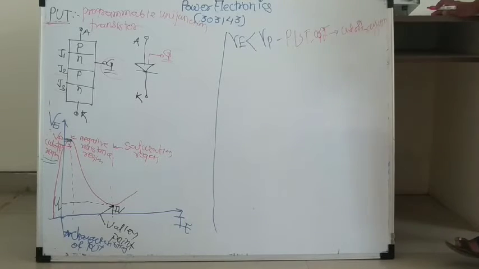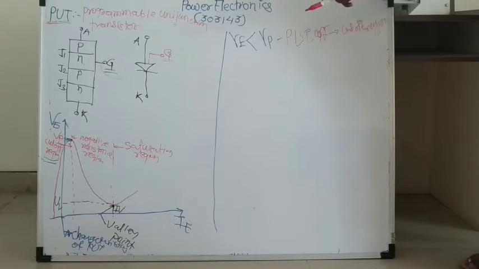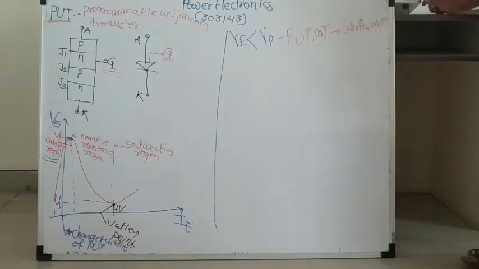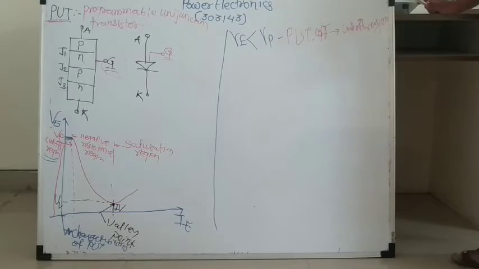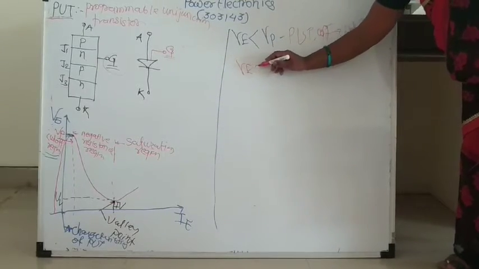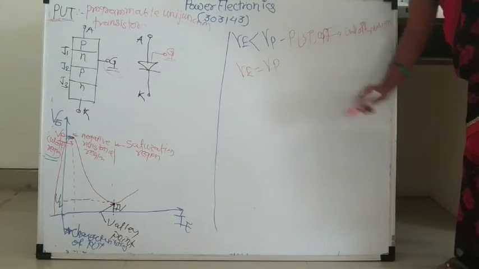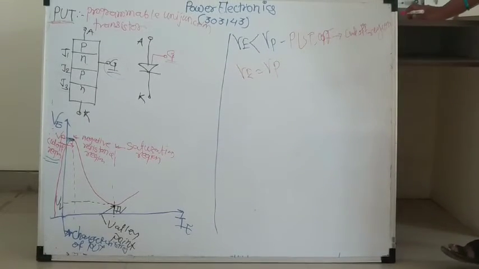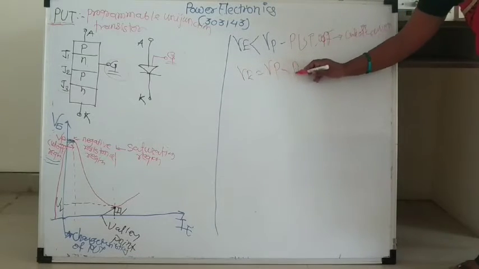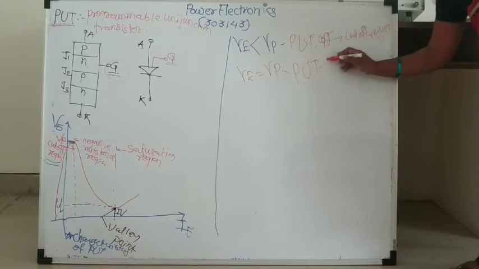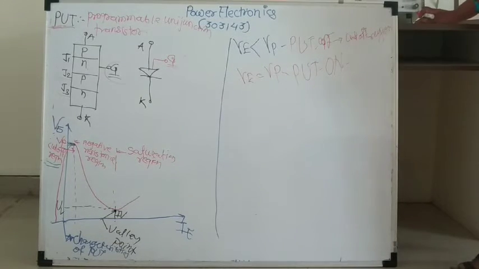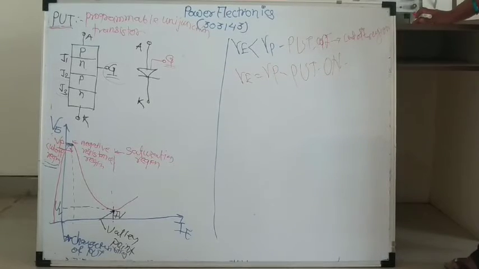Now see the second case. Second region is the negative resistance region. When your emitter voltage, that is VE, reaches the peak voltage, at that time your PUT gets turned on. Again see these two conditions.